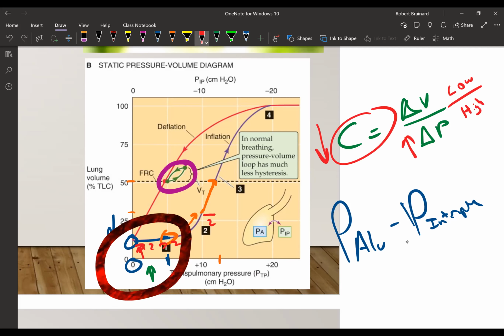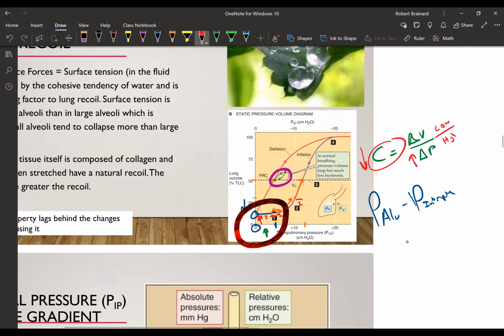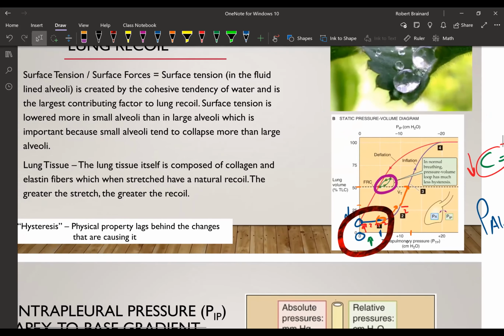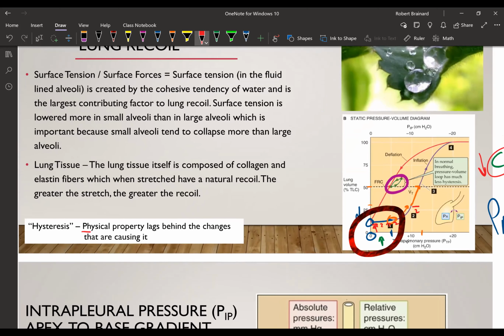Okay. And so when you've got a collapsed lung, it has way less compliance because hysteresis plays a larger role when you have low compliance or low volume lung because it's collapsed. Hysteresis is just a term we use to describe when the physical property lags behind the changes that are causing it.